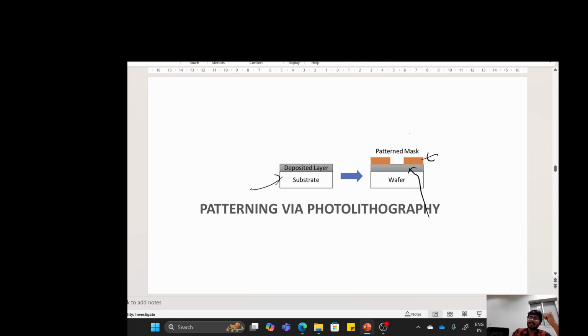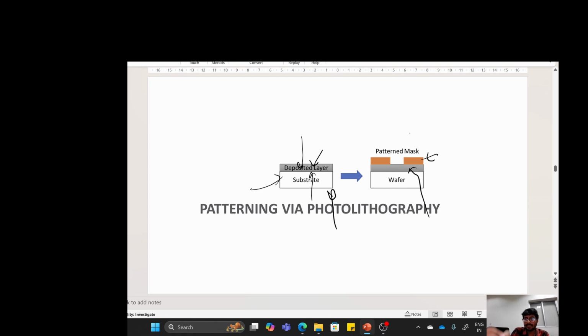And in direct writing, you directly create the pattern, via a laser or via electron beams. You are writing directly without using a sacrificial layer, pixel by pixel.